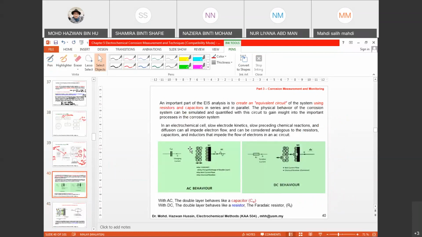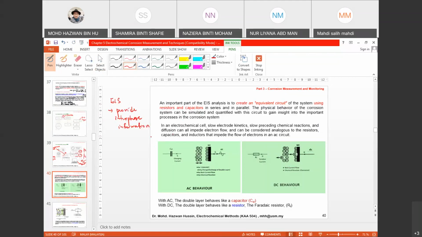What would be the importance of EIS? Why do people use EIS as part of these methods to measure corrosion of metal? The main reason is because EIS provides interfacial information, which cannot be seen in PD and also LPR.